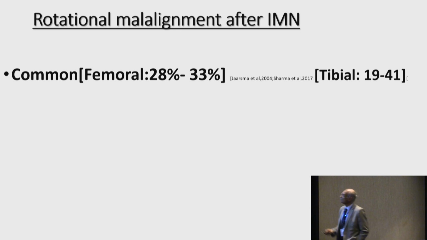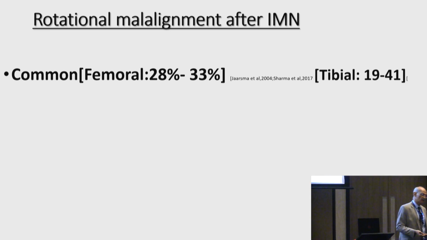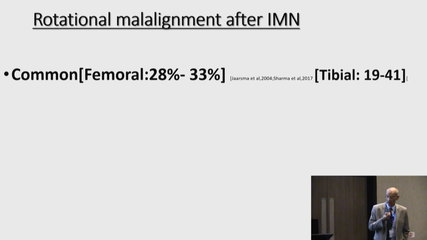And tibial, 19 to 41% of cases. I'm still reviewing papers for journals coming from level 1 trauma centers, and still they have the same problem. They say, yet we have different ways of diagnosis, and we are going to do so and so, but still they have the same problem.